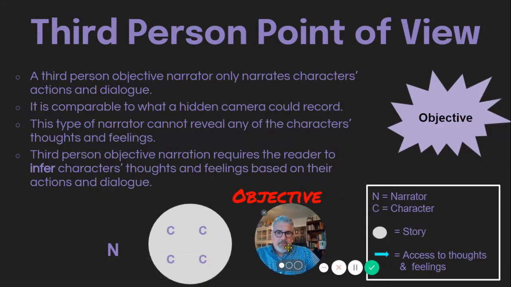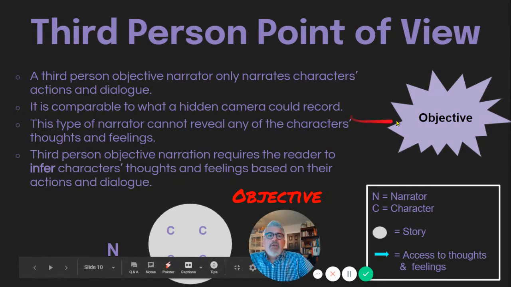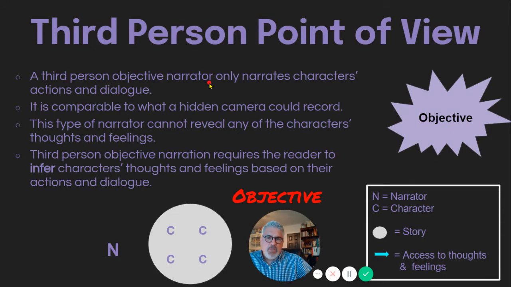Okay, let's start here. Third person point of view, objective. A third person objective narrator only narrates characters, actions, and dialogue. If you have seen the program of Hidden Camera, you know what I'm talking about. It's comparable to what a hidden camera could record.